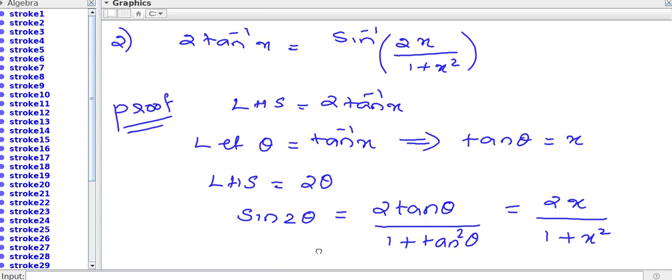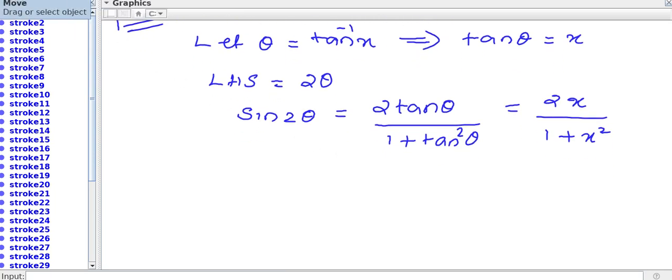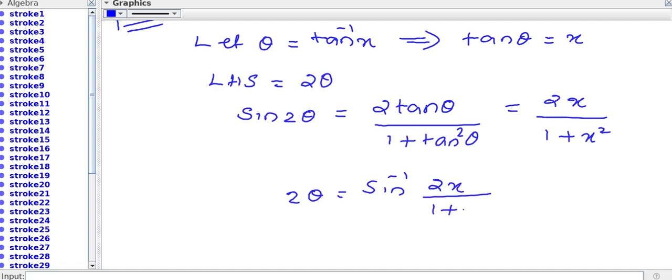Now we want to find 2 theta. If you take the inverse on both sides, sine 2 theta is equal to 2x by 1 plus x square, so 2 theta becomes sine inverse 2x by 1 plus x square, right?